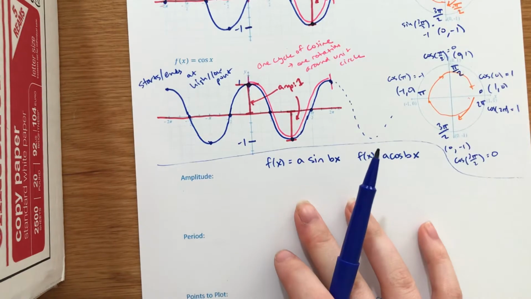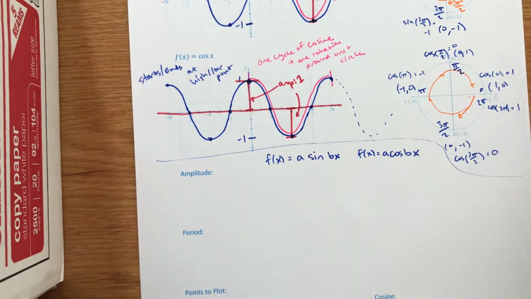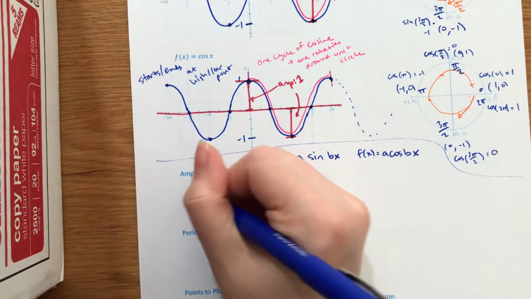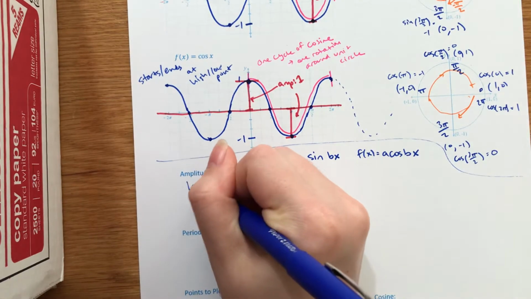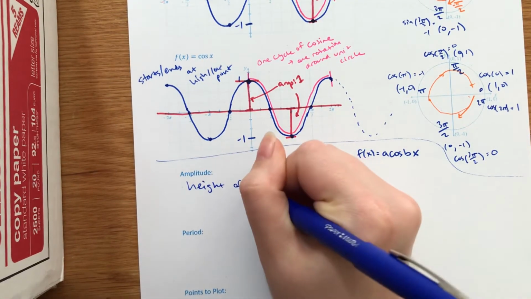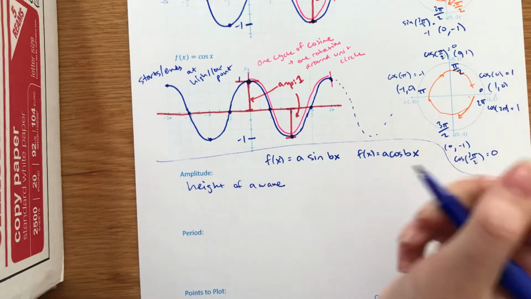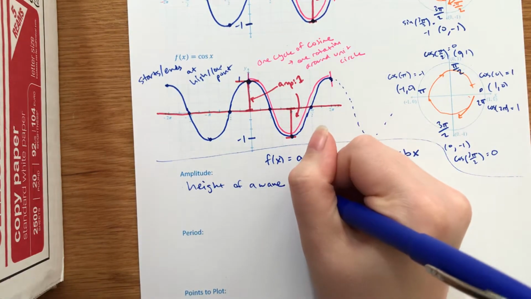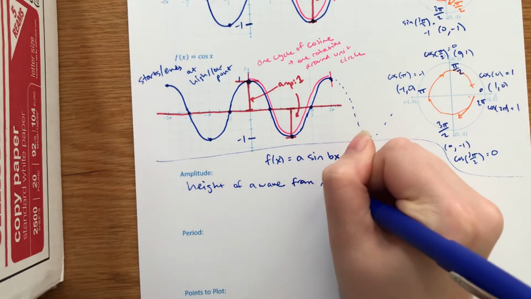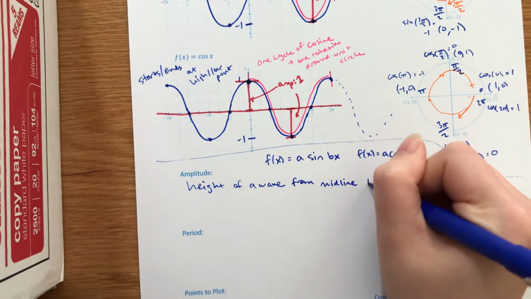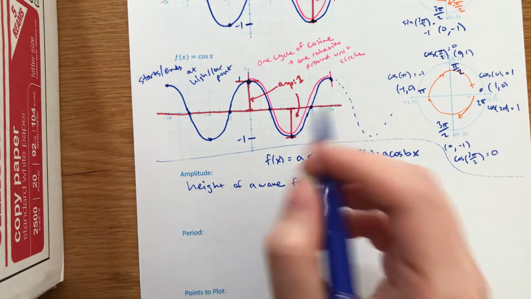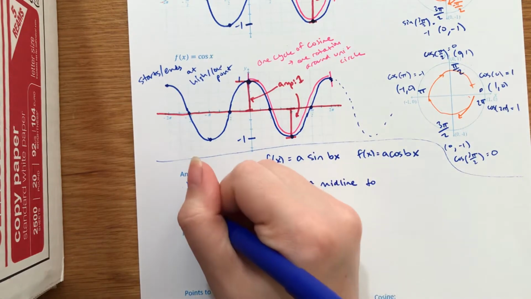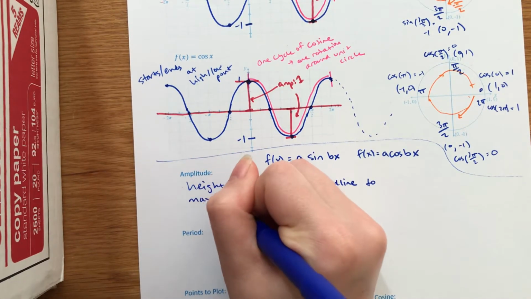So amplitude is the height of a wave from midline to a max or a min point.